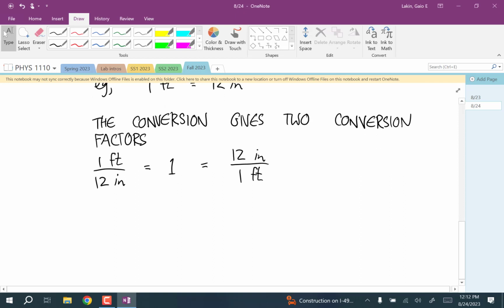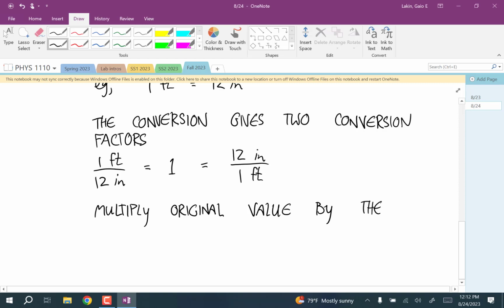And so then what you do is multiply your original value by the conversion factor that cancels the unwanted units.